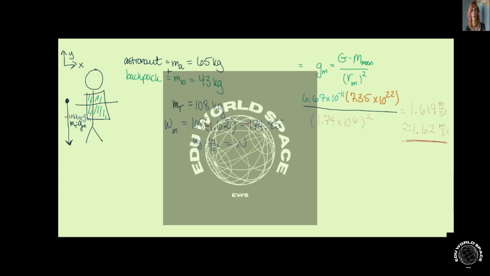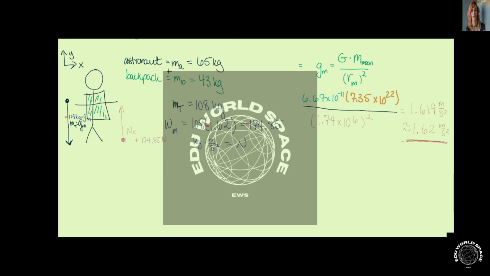This is important because our reaction force, the force pushing back up on our astronaut, our normal force, is going to be positive. Every action yields an equal and opposite reaction. So our normal force is going to be a positive 174.85 newton force.